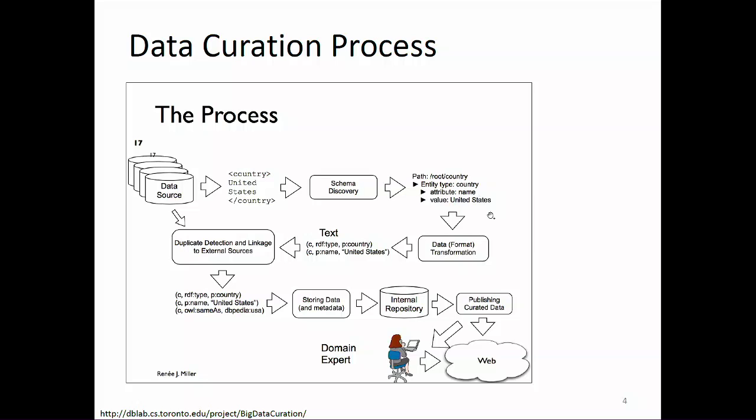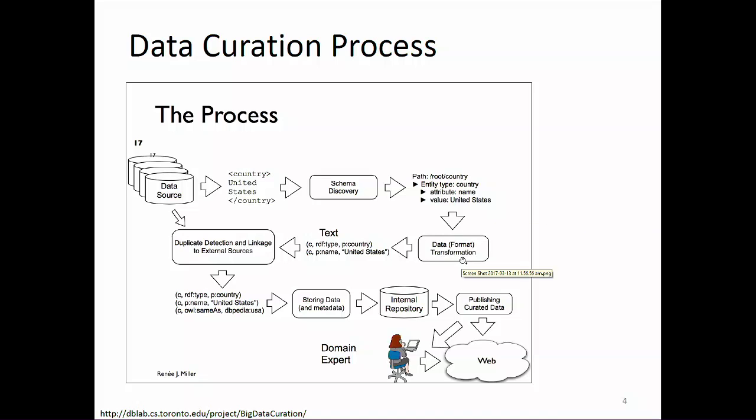So here we identify that the entity is a country, the attribute is name, and the current value is United States. So maybe there's a table called country, and it has different columns, and one of the columns is the name, and for this particular instance, the value is United States.